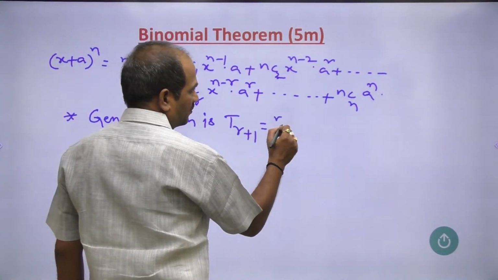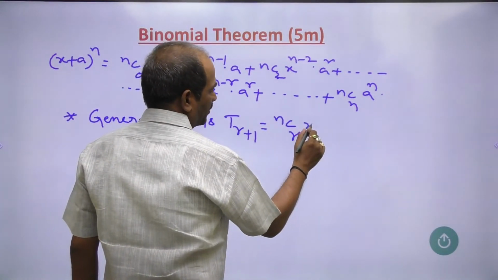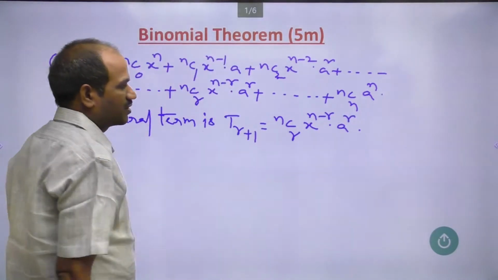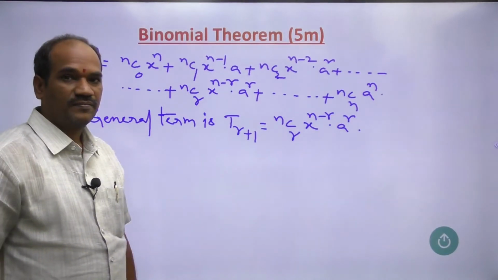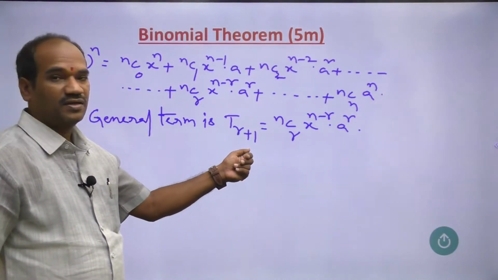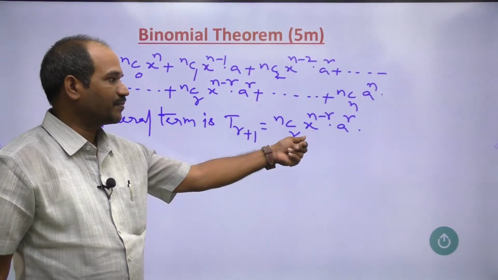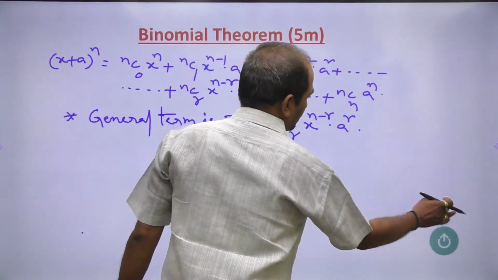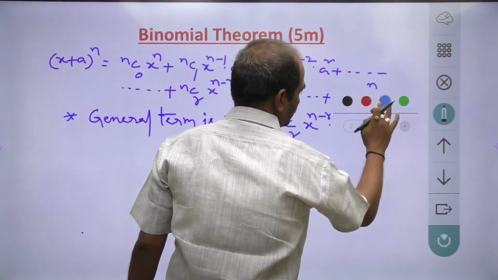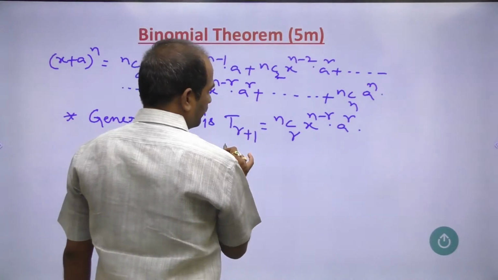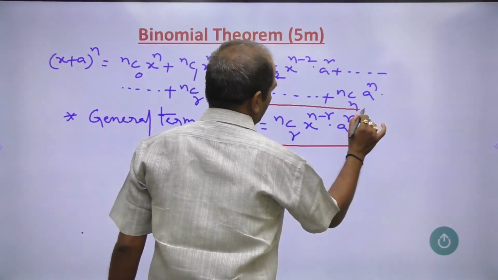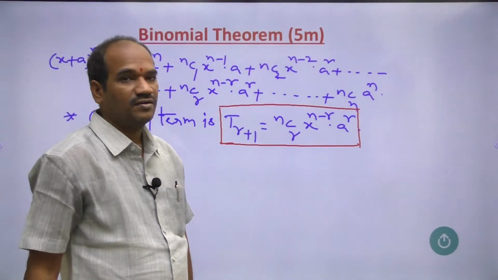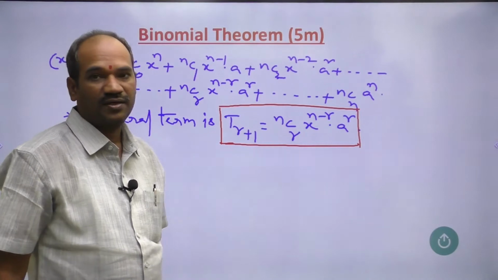This formula is important. General term T(r+1) is equal to nCr x^(n-r) a^r.